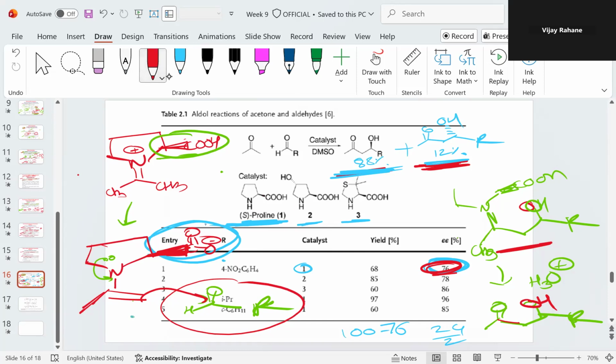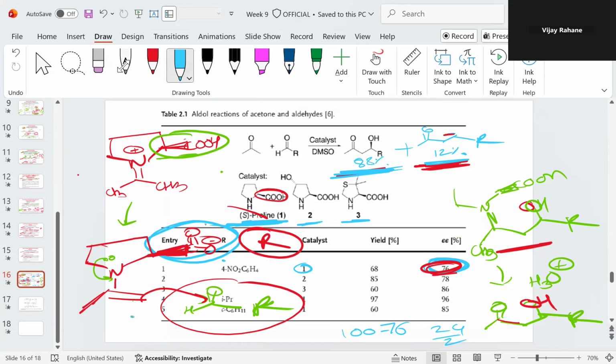So similarly, instead of S-proline, if we have R-proline, what will happen? In that case, this ratio will be somewhat different, right? It will be opposite. So instead of S-proline, if I use R-proline, then this COOH will be directing downward. And in that case, the product in which the OH group is directing downward will be the major product.